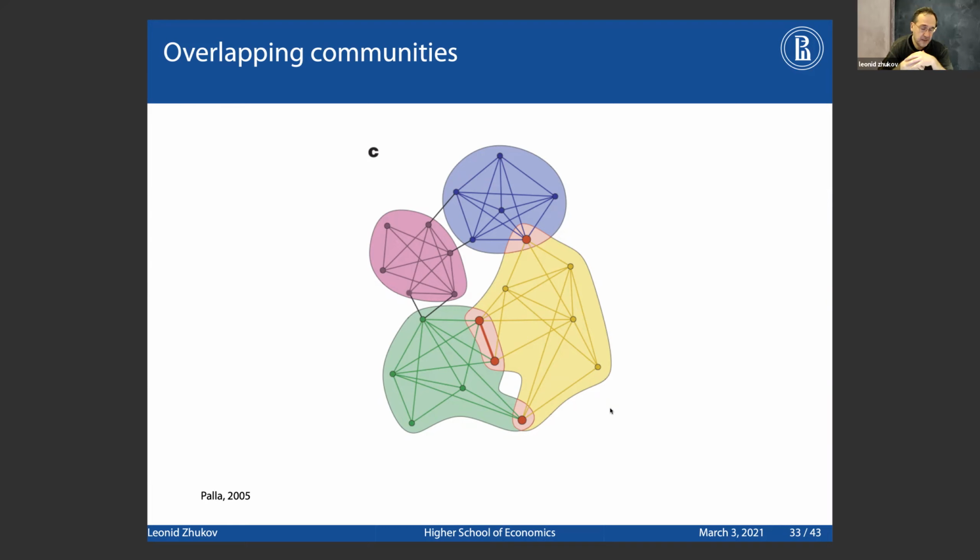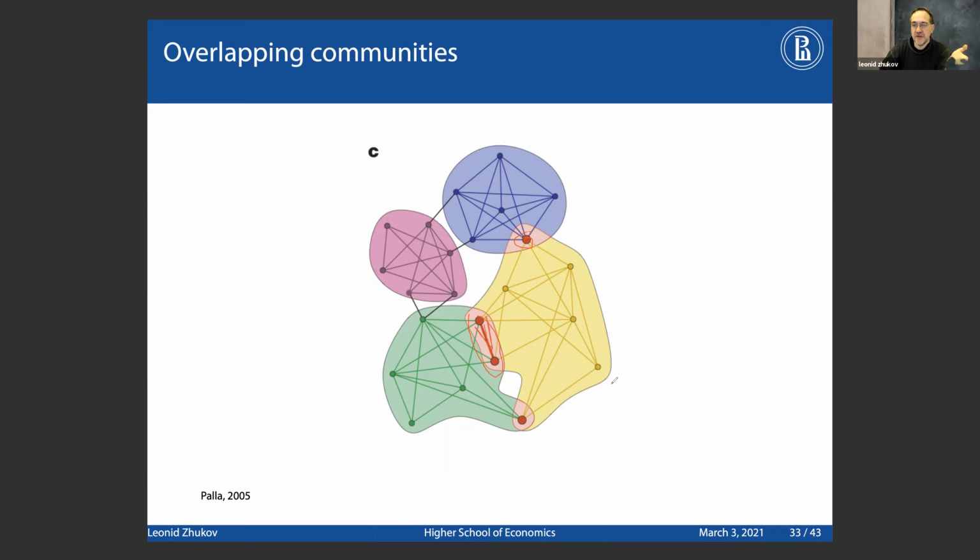We cannot do graph partitioning, cutting edges out, simply because we have some nodes that are overlapping, that can be assigned to both communities. On this picture, for example, there is a node that belongs to two communities, or we can even have several nodes and even an edge that can be an intersection.